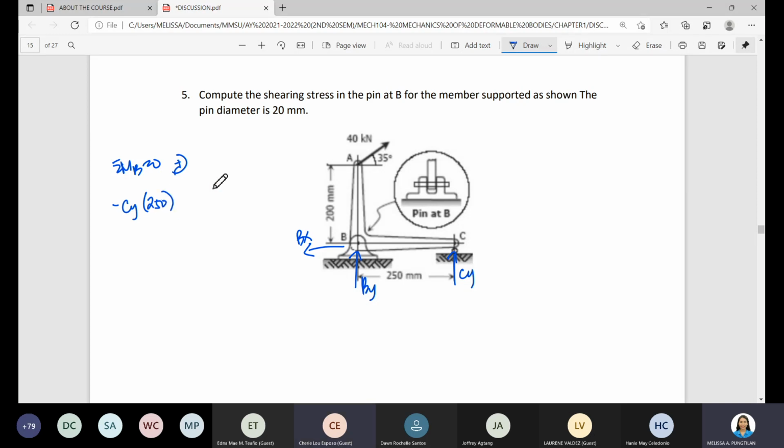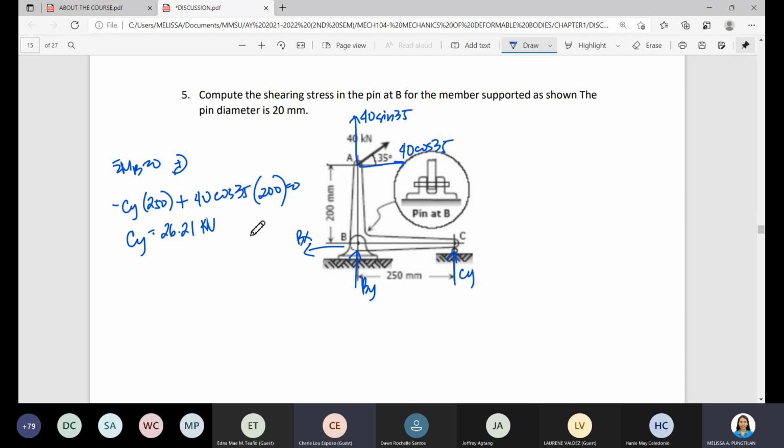Plus, the vertical component is 40 sine of 35, and this one is 40 cosine of 35. So plus 40 cosine of 35, the moment arm is 200, equal to 0. Therefore, CY is equal to 26.21 kilonewton.